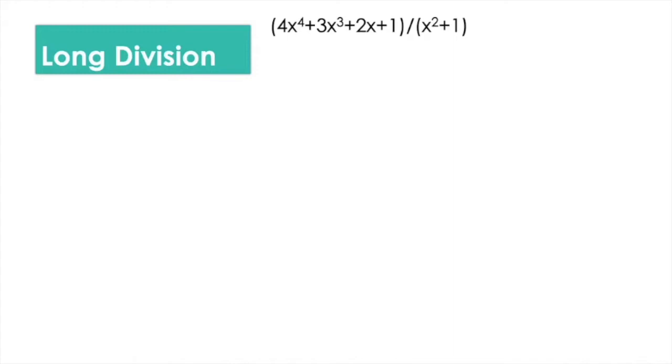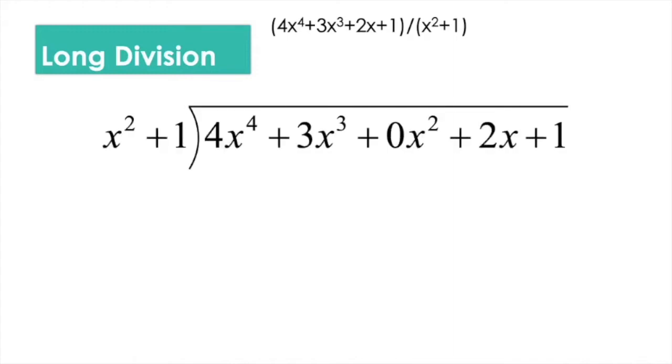So this is what it will look like. We have our place value here for the x squared. So we're going to ask ourselves, 4x to the 4th, we're going to try to get that by multiplying something by x squared. So x squared times what gives you 4x to the 4th? That'll be 4x squared. Then we multiply that 4x squared by both the 1 and the x squared.